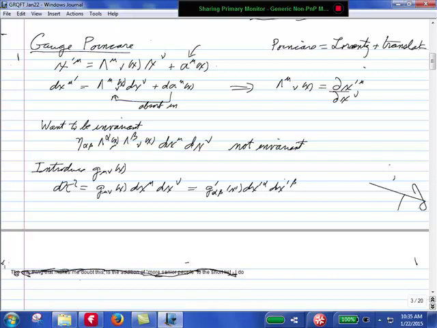So I'm going to define g with no indices is the determinant of g mu nu. And so then the equation that I have up here, the volume element, dV is d^4y is d^4x times the square root of minus g.